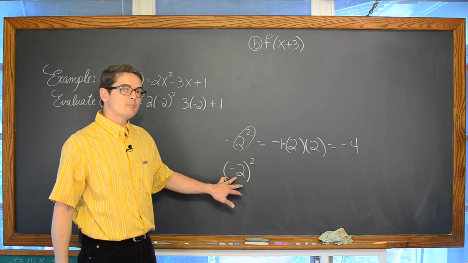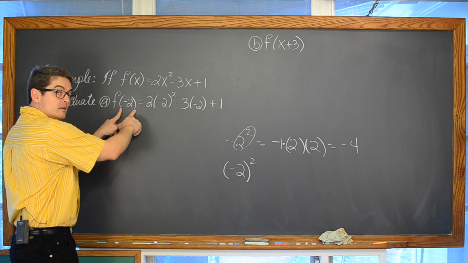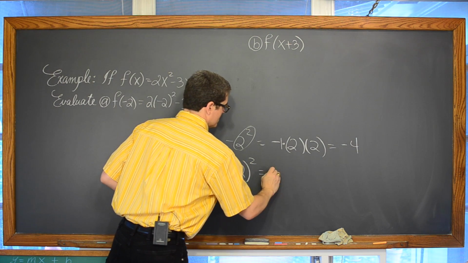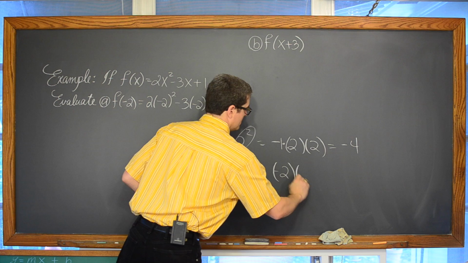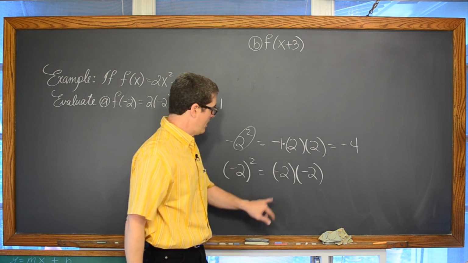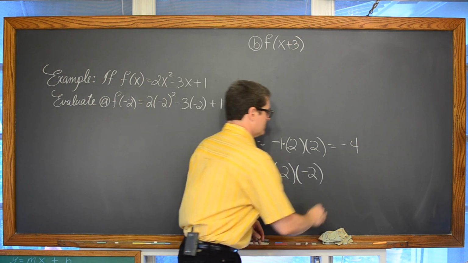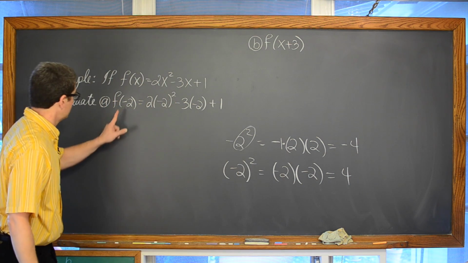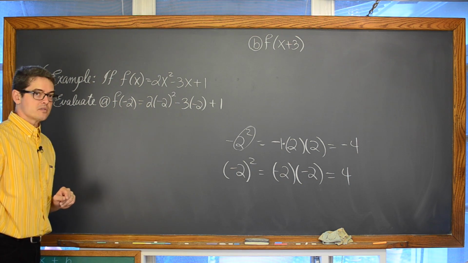Whereas if you wrap it in parentheses, like it is in your function notation here, negative 2 squared is going to be negative 2 times negative 2, and when you multiply two negative numbers together, you get a positive answer. That's why I wanted to change that sign on our 2 here in our example.